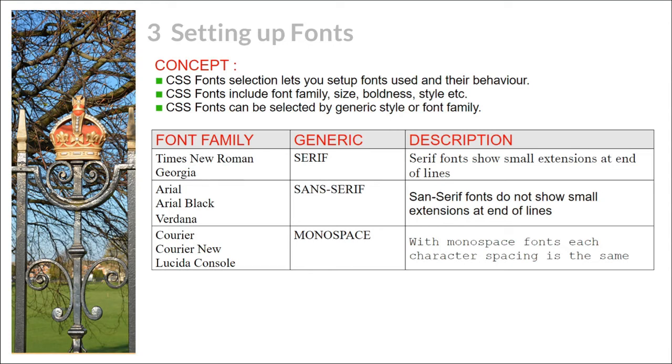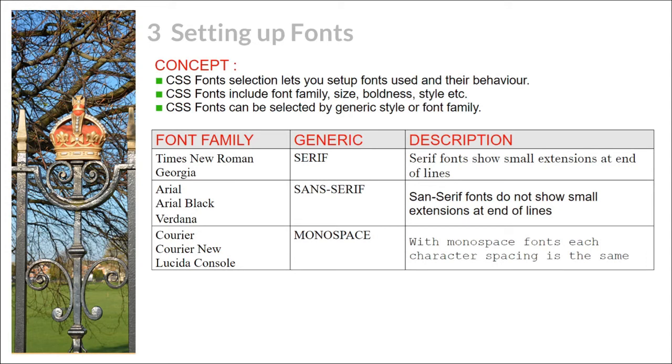The CSS font details include the font family, font sizes, whether they're bold or not, and font styles like italic, bold, underline, overline, dashed. Fonts can be selected by generic. Fonts are normally divided into generic styles and then into font families.